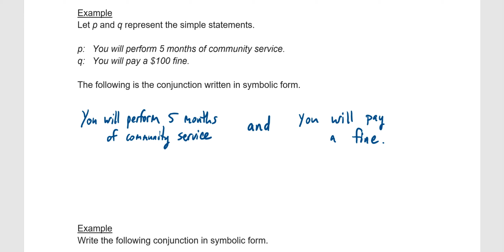Symbolically, this is going to be P, the and is going to be the conjunction symbol, and you will pay a fine is statement Q. Okay, so that's how you would write this one. Obviously, you would write them a little bit closer together so they're not so far apart, but that's how you would write P and Q here.